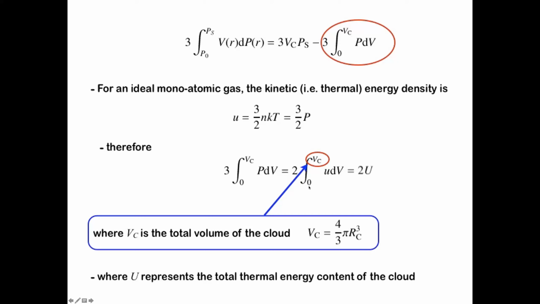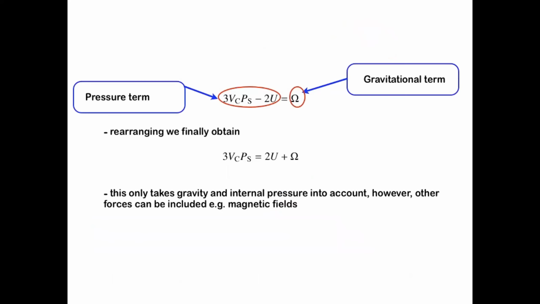Right, so we have to put everything together now. The volume of the cloud is still this 4/3 π r_cloud cubed. And the total thermal energy, we just saw it. So we put these things together. And you see that the equation that we start with, the hydrostatic equilibrium equation, ends up with these simple terms.